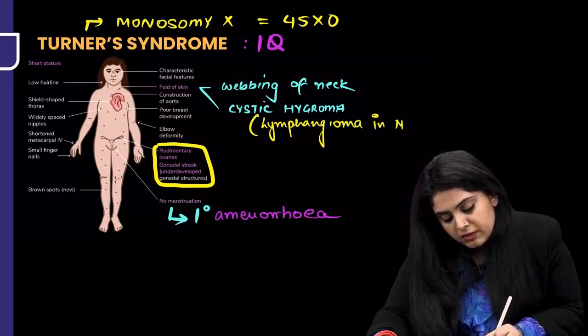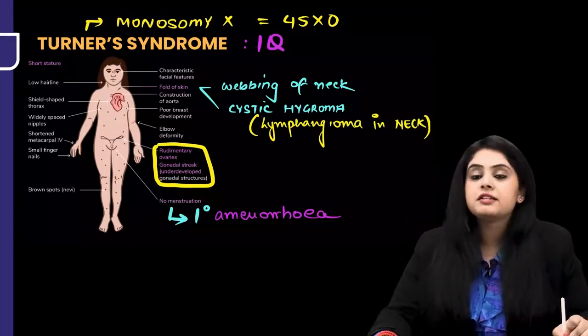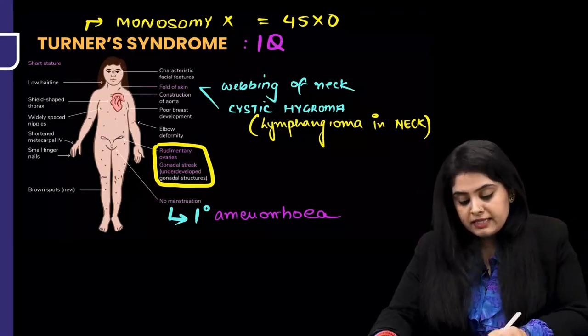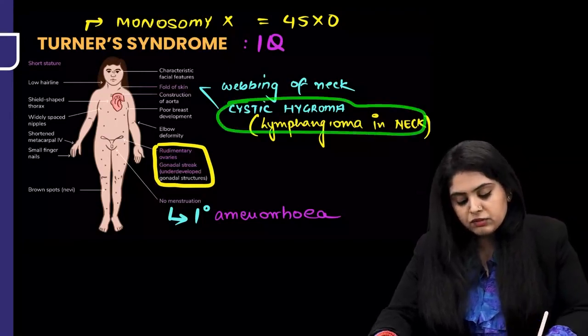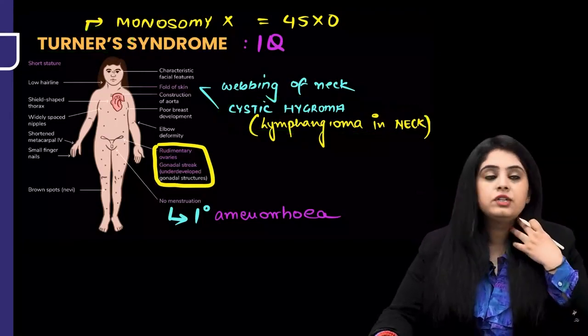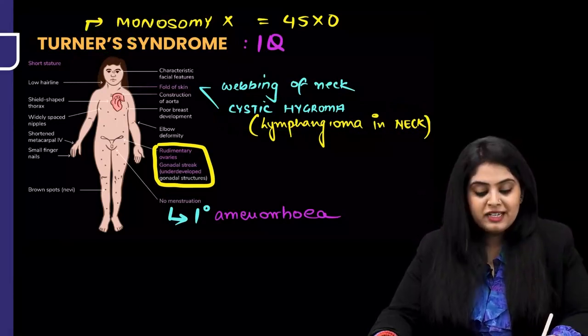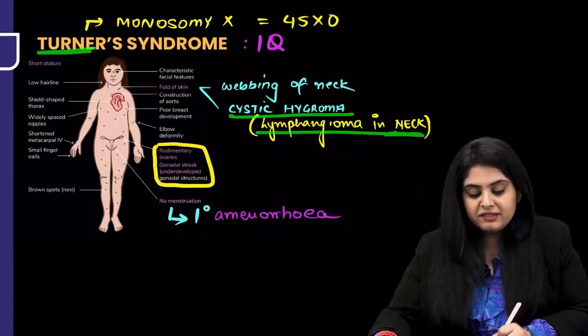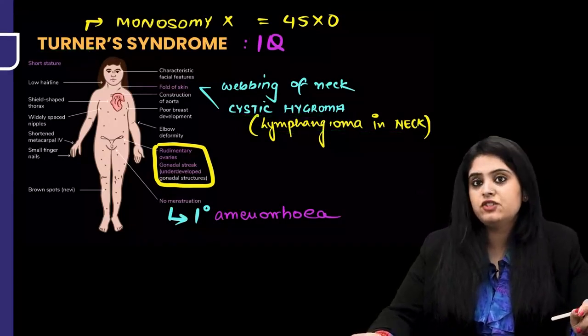When the lymphangioma occurs in the neck, that is a cystic hygroma, so they ask you which is the only chromosomal abnormality with which cystic hygroma can be associated. So the neck, turn the neck, that is what I'm going to say. Turner's, think turn the neck. What is happening in the neck? Cystic hygroma is happening in the neck, and that is lymphangioma.